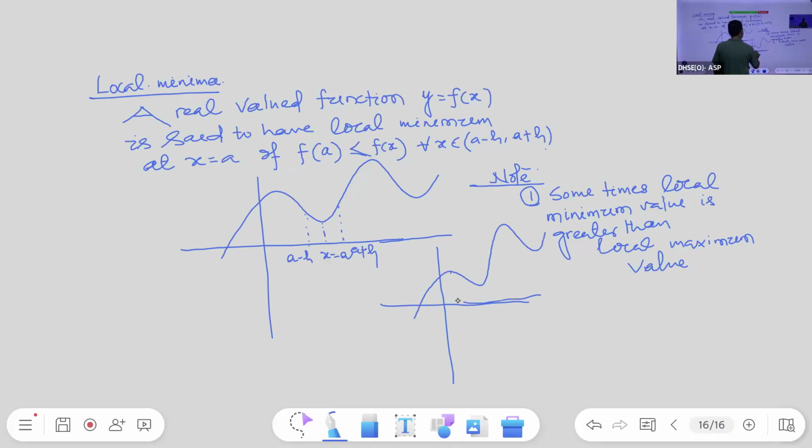You see, x is equal to a is a point of local maxima and x is equal to b is a point of local minima. Clearly from the graph, f of b is greater than f of a. So local minimum value is greater than local maximum value.